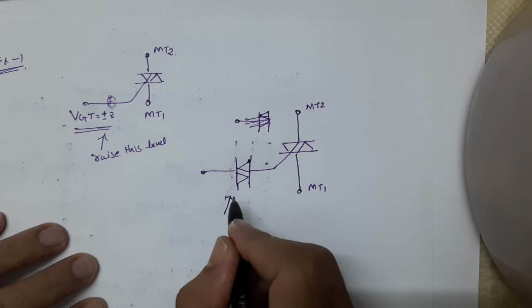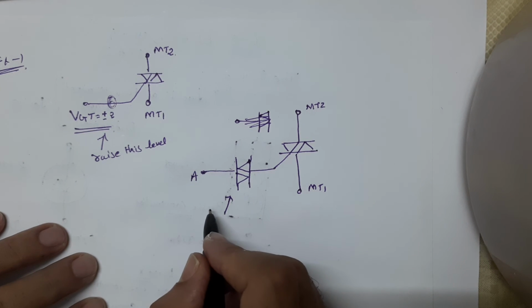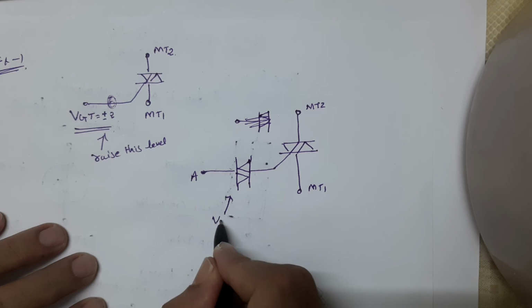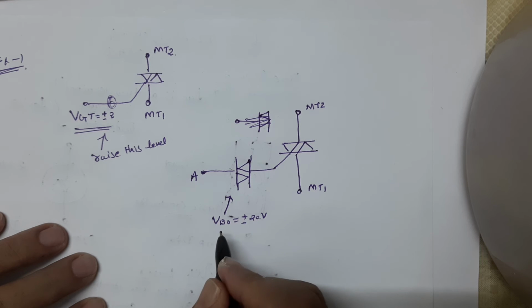This diac, at point A, has a VBO equal to plus or minus 20 volt.